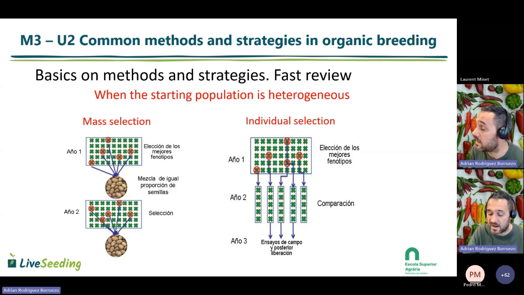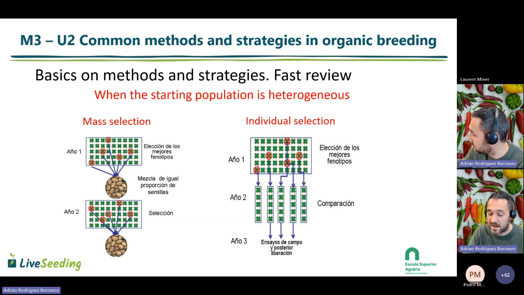But for the next year, what I'm going to do is to take the seeds individually from each selected individual. And by contrast to mass selection, in the case of individual selection, I will follow each offspring separately. I don't mix in a bulk.